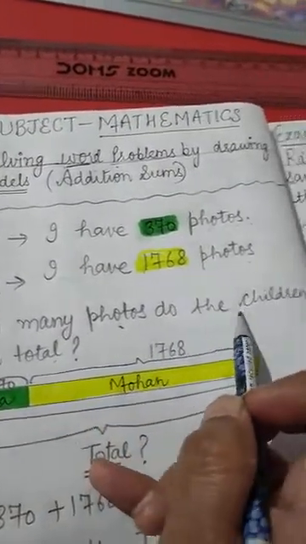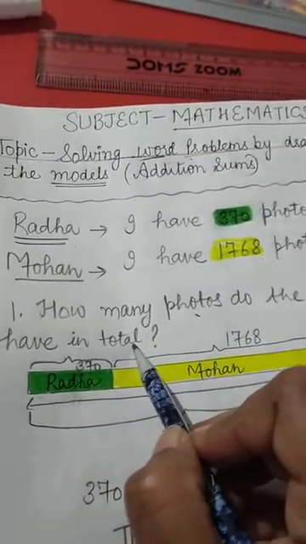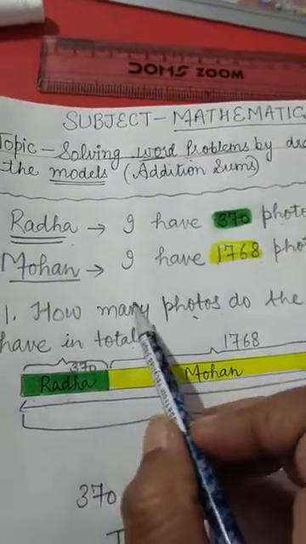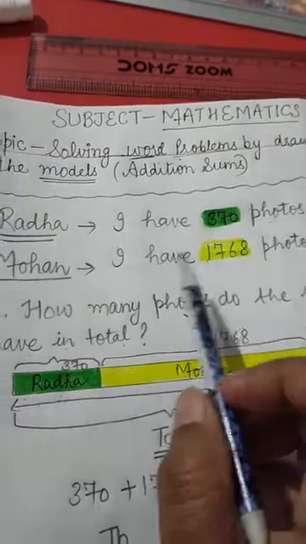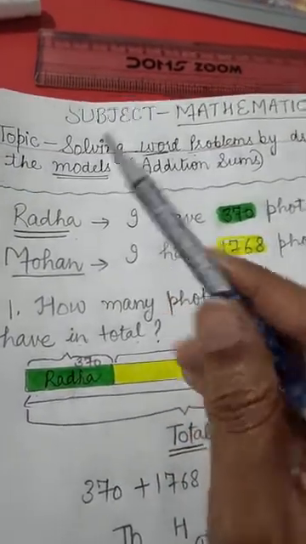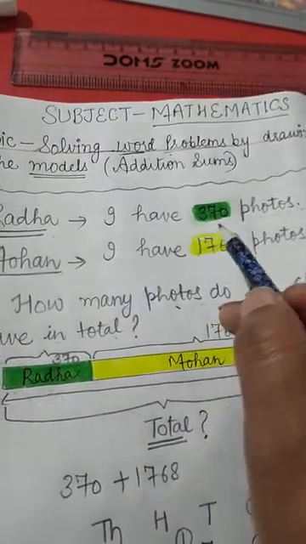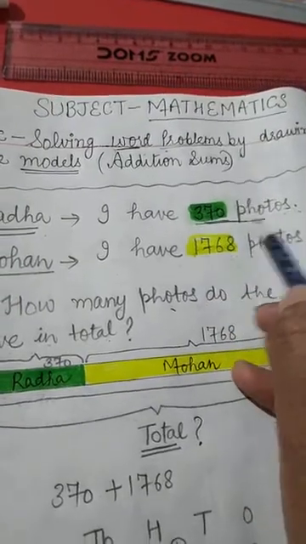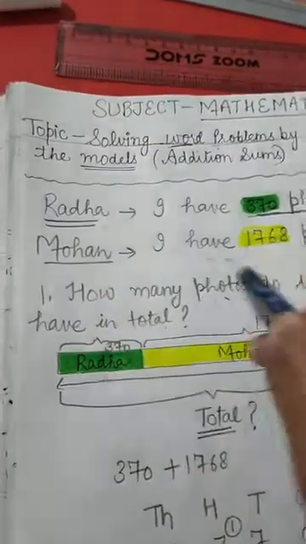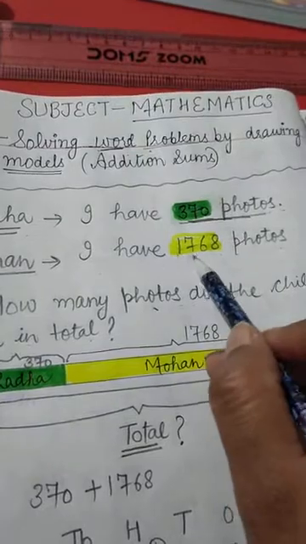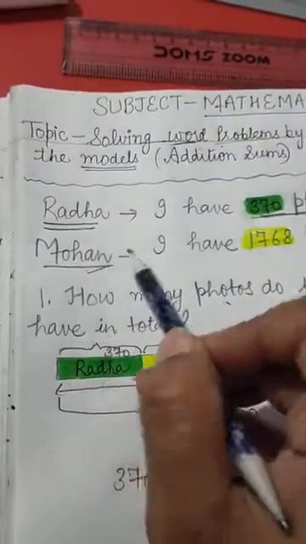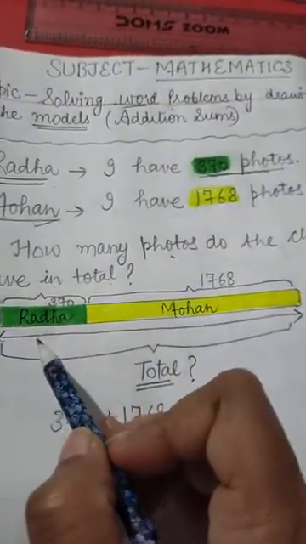We will draw a model relating to this information. Now see which information is given. We are told that Radha has 370 photos and Mohan has 1768 photos.